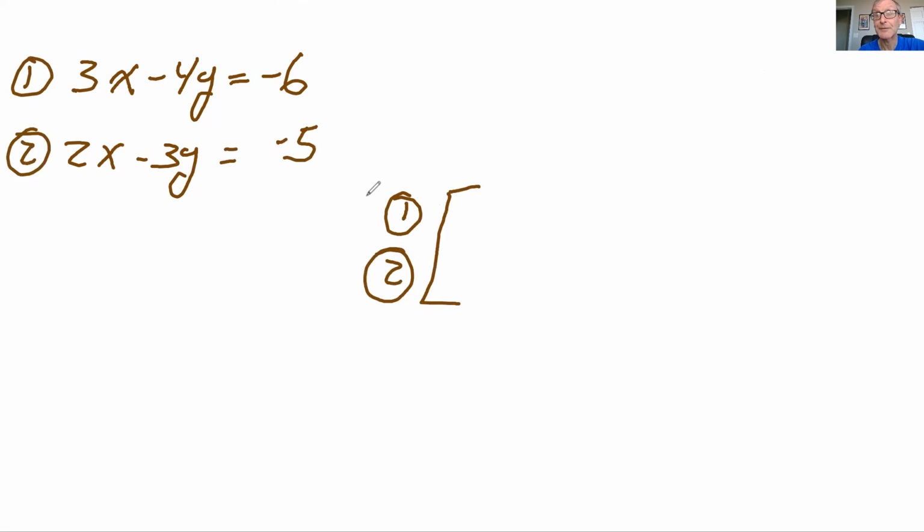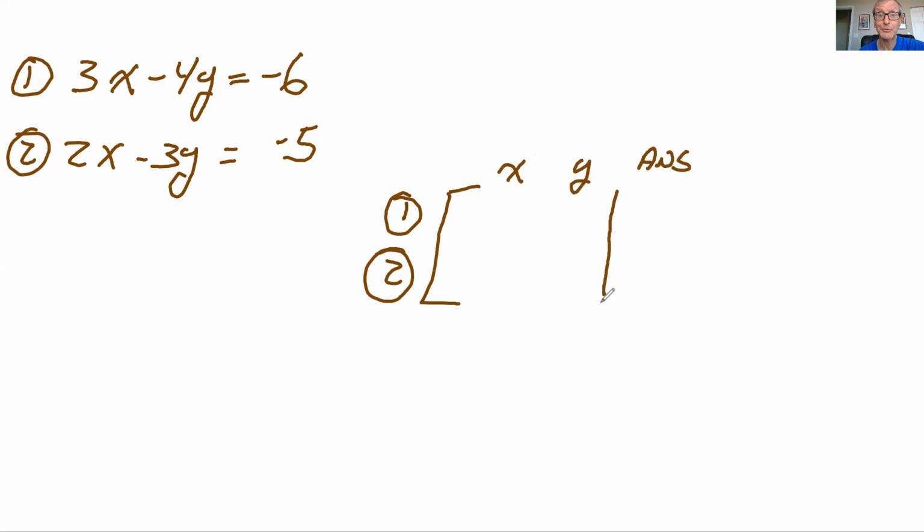So we're going to draw a row for the first equation, a row for the second equation. So going down, the first column will be variable x, second column will be variable y, and then we put this line here. That's what we mean by augmented. And then this will be the answer. So this is, if you think about it, the line is the equal sign.